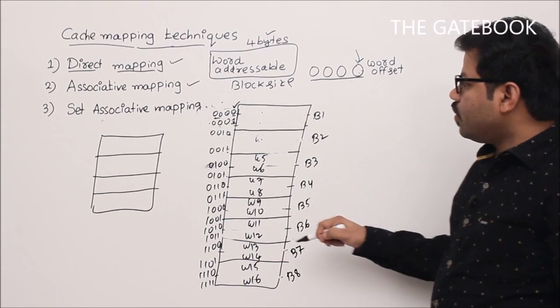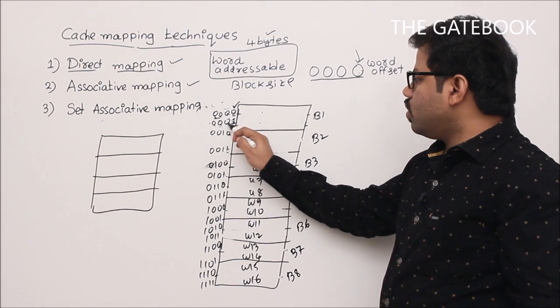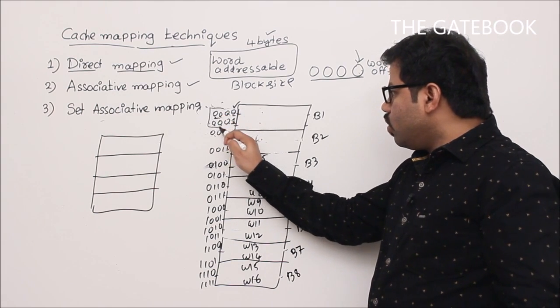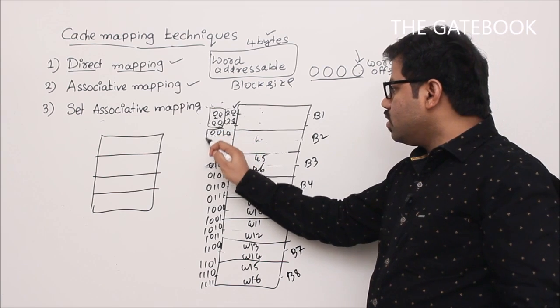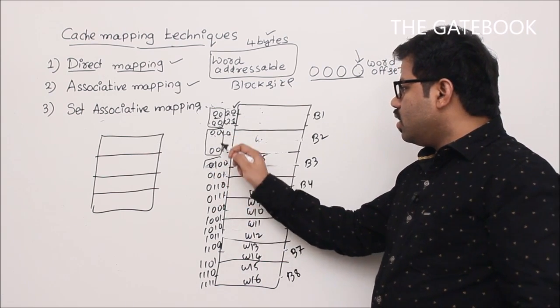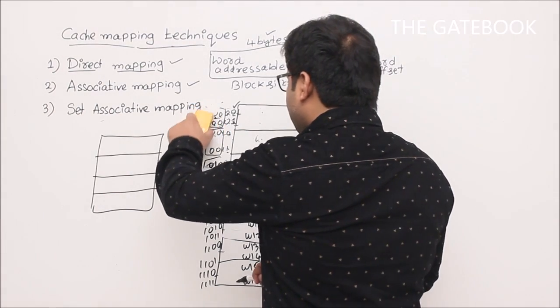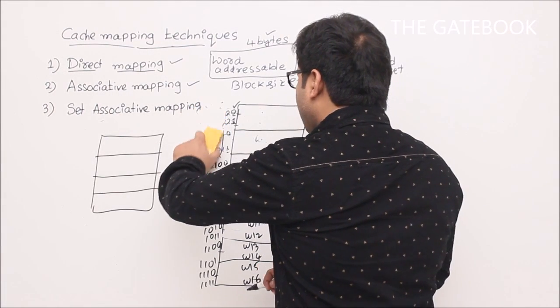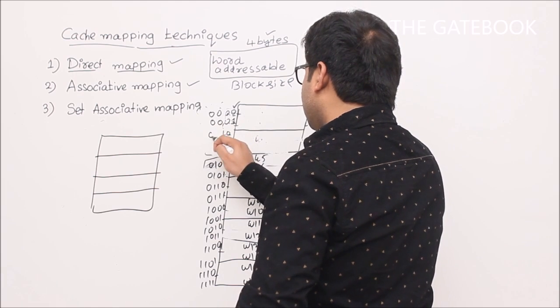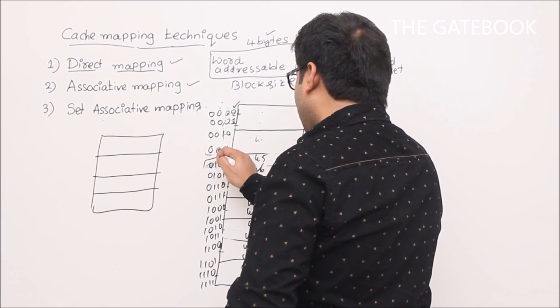Now the remaining bits: take 3 bits. Let us take 0000, 0001, 0010, 0011.